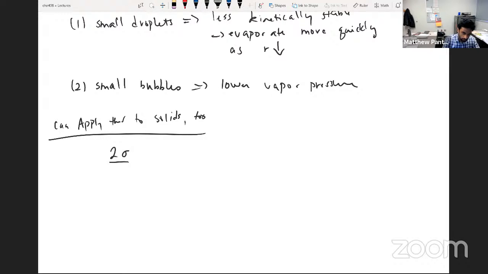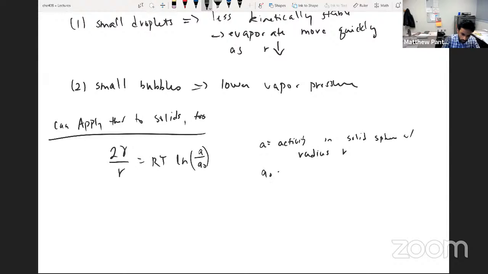Oops, that should be R. But we can use the activity instead, where A would be the activity in the solid sphere with radius r, and A naught would be the bulk activity.